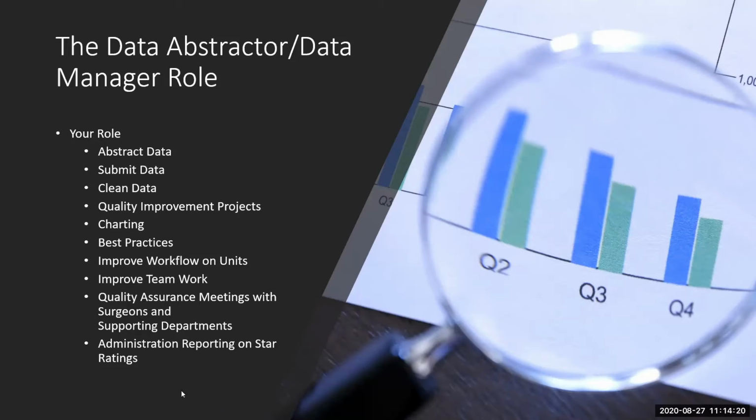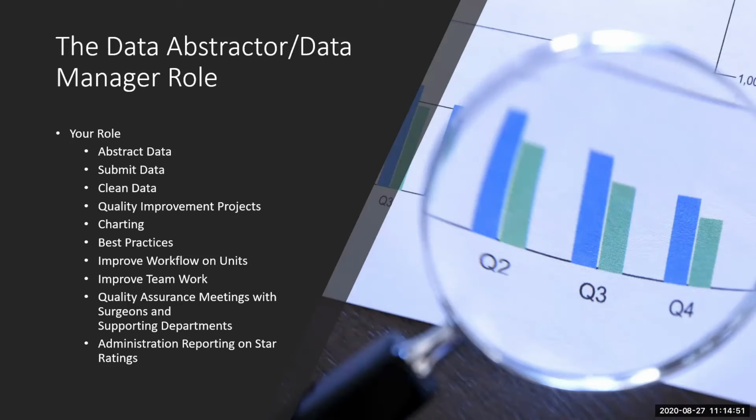We do QI improvement projects nationally, regionally, and locally. Of course, charting, you can help improve charting if things are not abstracted correctly or according to definitions. You can improve that at your site. You can work with your clinical nursing team and help improve that. We help our sites with best practices by sharing STS data with sites so we can improve best practices on the local level.